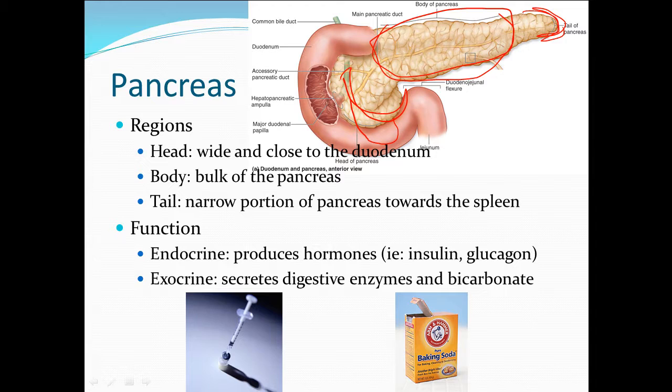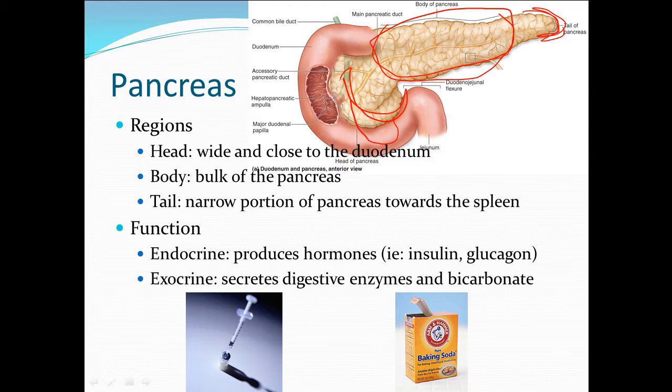If we talk about the pancreatic islets, they have the alpha cells. Alpha cells make not insulin, but glucagon. While the beta cells, they make insulin. And also some somatostatin and stuff.